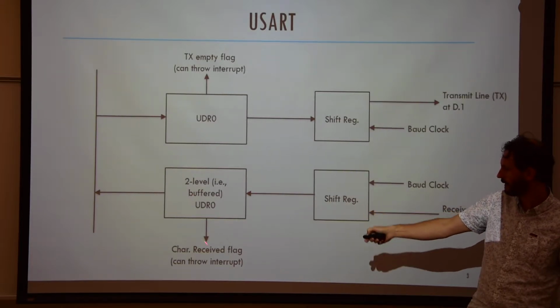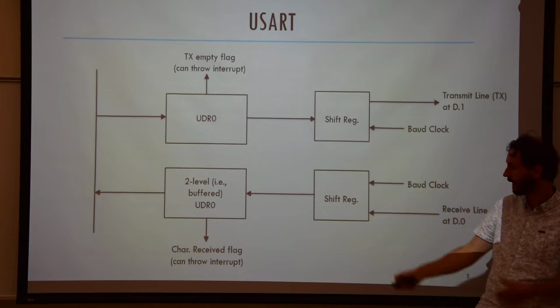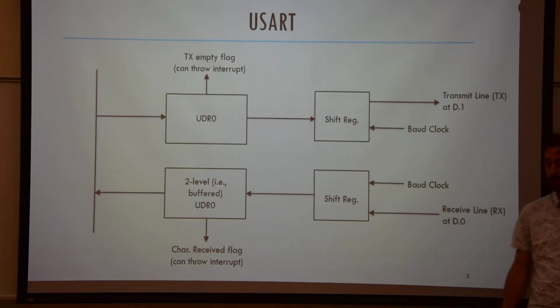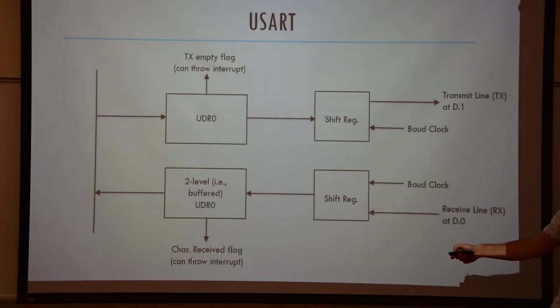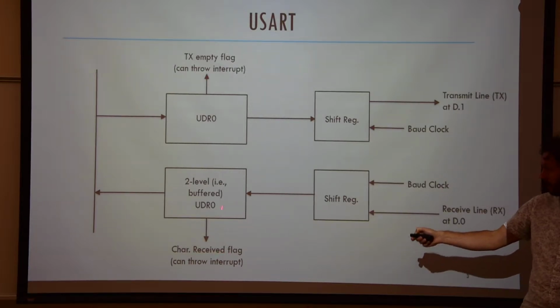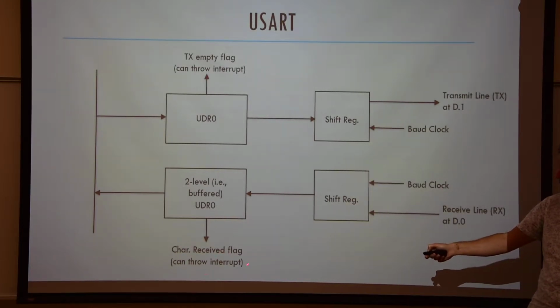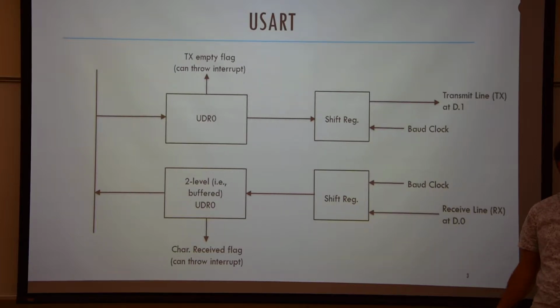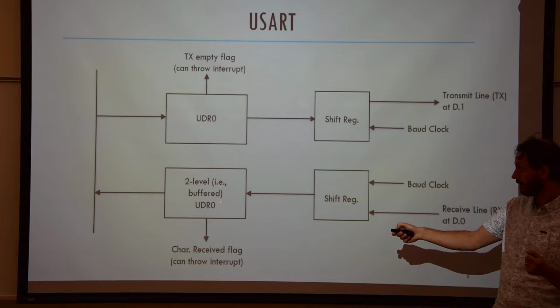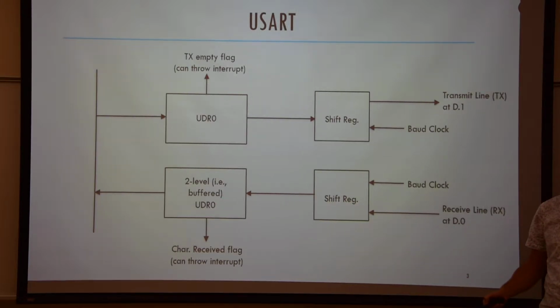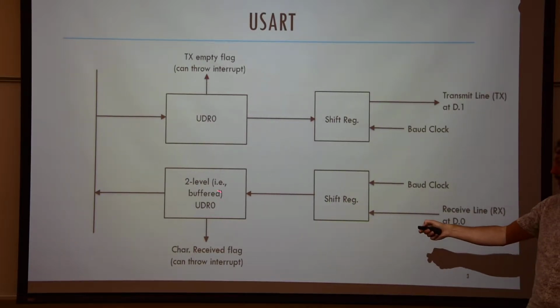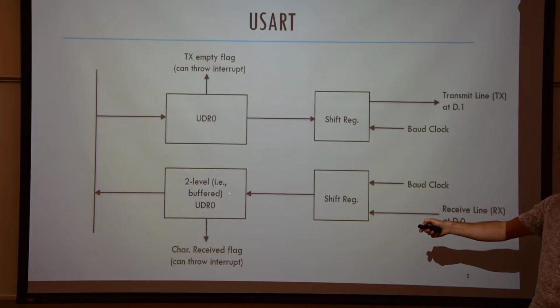Once a byte is complete, you say that a character was received, and again, a flag is set, and you can potentially program the control registers in such a way that when this flag is indeed set, then the hardware will throw an interrupt. You can call an interrupt service routine that then says, oh, a character just got received, let me immediately fetch it from this buffer.